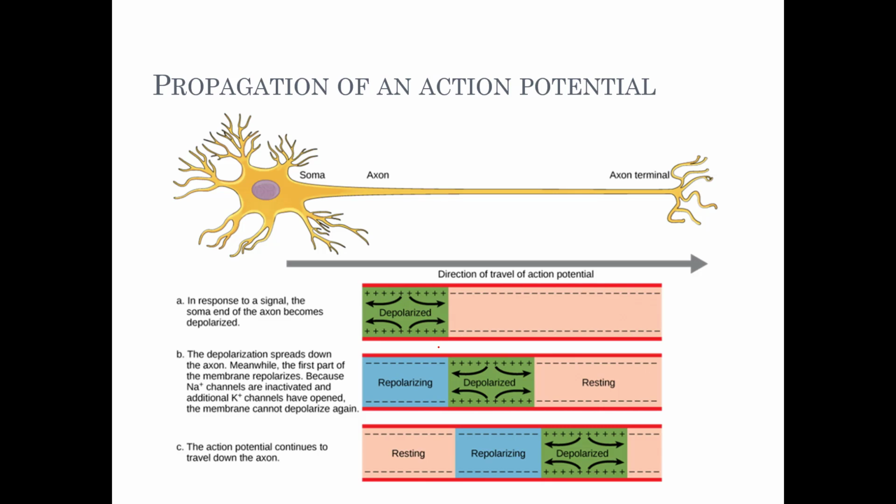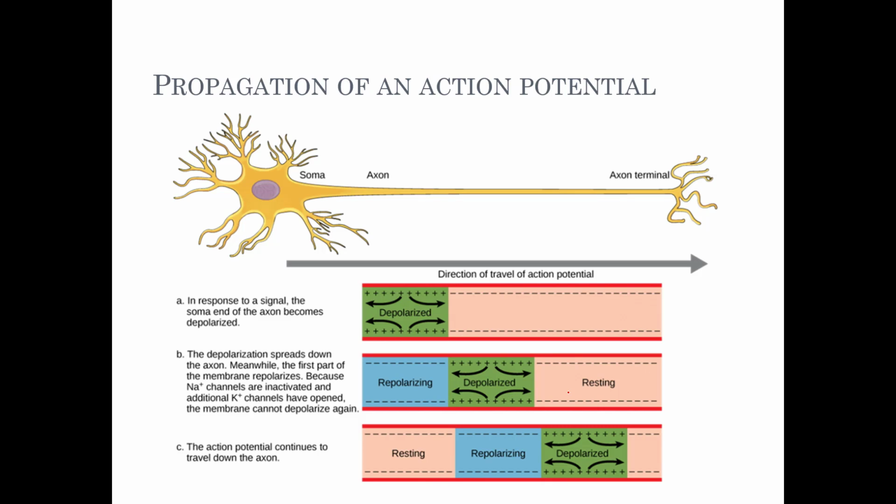That depolarization causes the depolarization of the adjacent segment of the axon membrane. And of course, that means that that next segment is going to then be depolarized. That depolarization at that middle segment is going to cause depolarization at the next segment down.